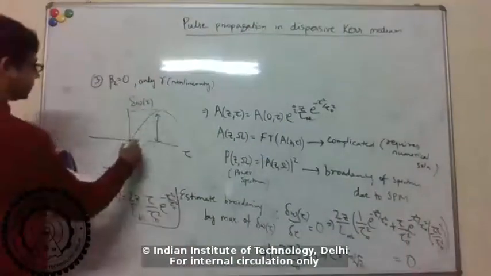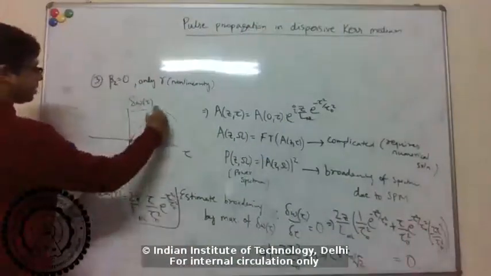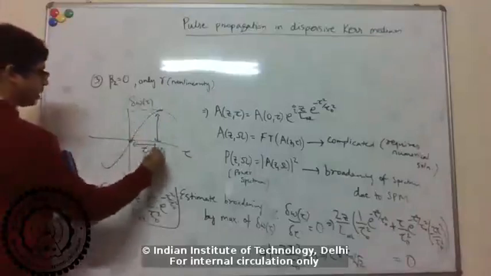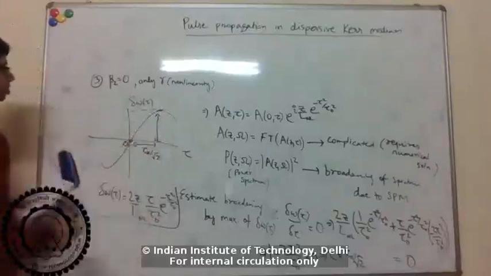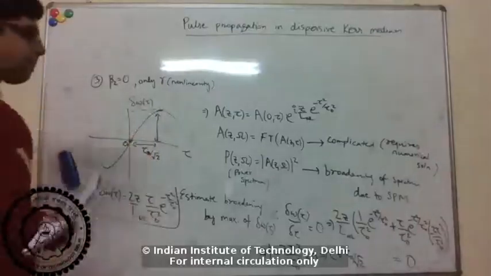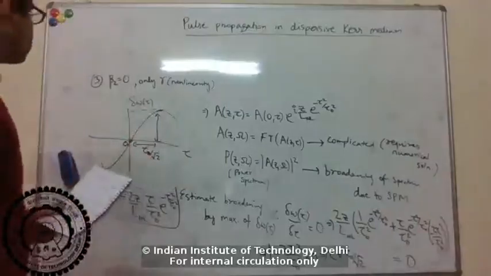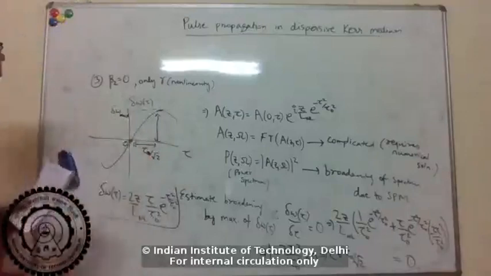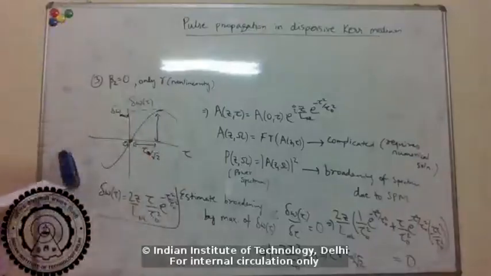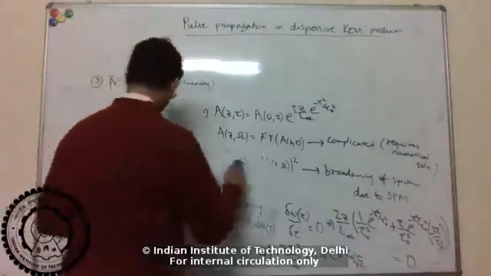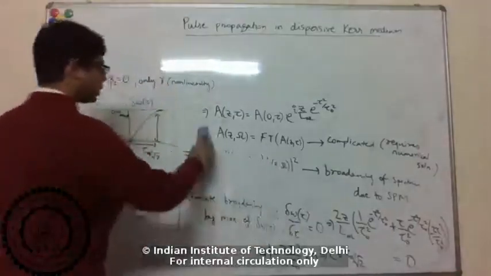Which is saying that this peak frequency shift occurs at a time tau naught by root 2 from the center of the pulse. So what is the maximum frequency shift then? It's just this delta omega at tau naught by root 2.